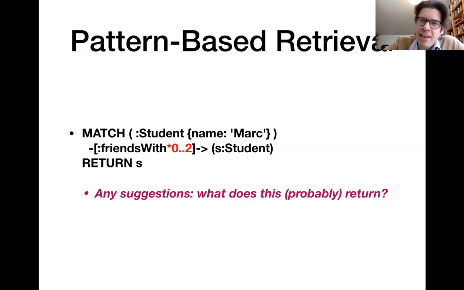And here basically we are willing to accept between 0 and 2 connections. So that means this would include Mark himself, because we are accepting 0 connections too, and everyone who is friends with Mark and all the friends of the friends of Mark. So you can tune how many steps you're willing to make in that graph.